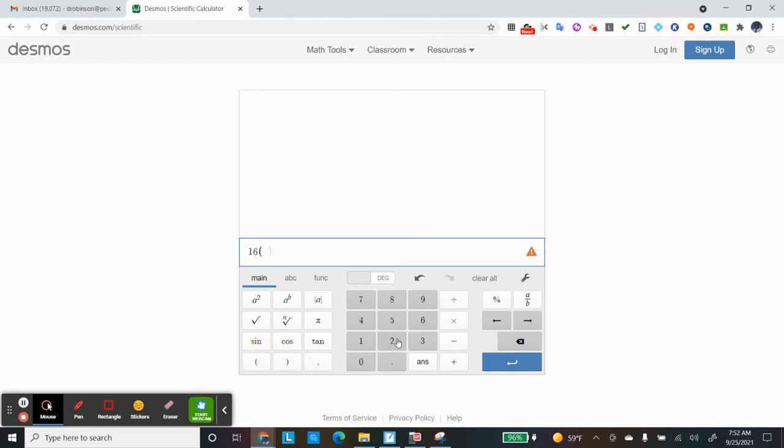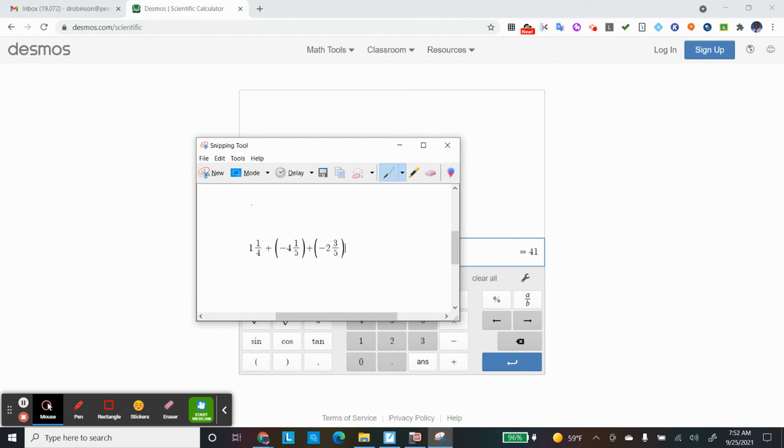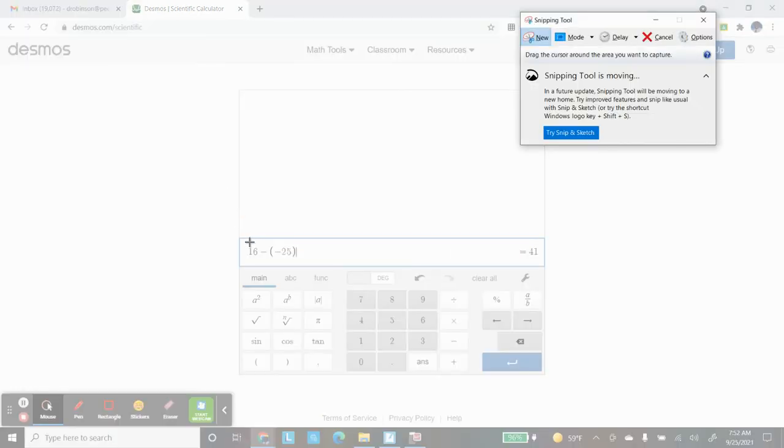So 16, minus parenthesis, negative, and notice I use the minus sign because there is no negative button on this calculator, and close parenthesis. So this looks exactly like what we have here, and I'm going to cut this out just to show you, make sure.